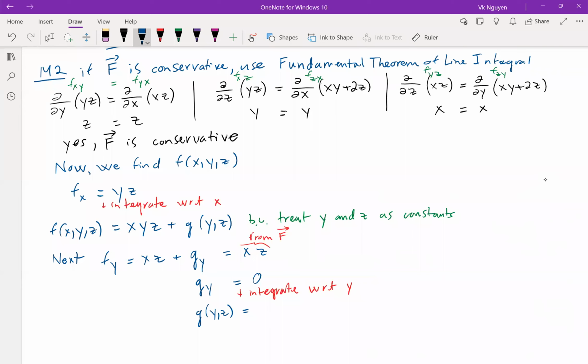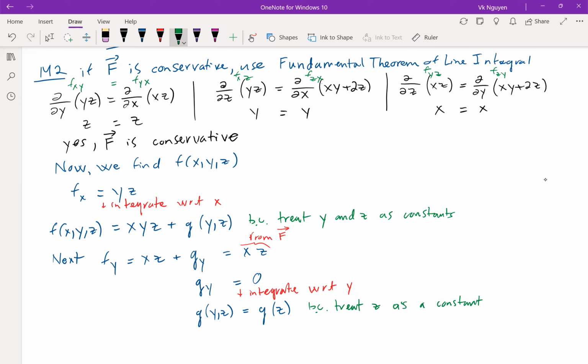But then that constant c is going to be a function in terms of z, because we treat z as a constant when we integrate with respect to y. So it's going to be g(z). Everybody okay here?